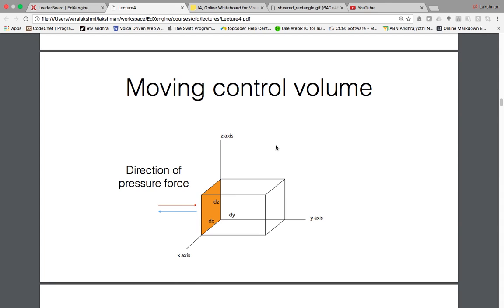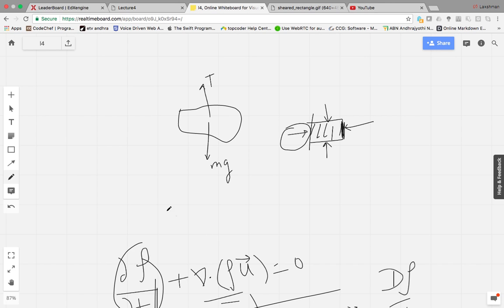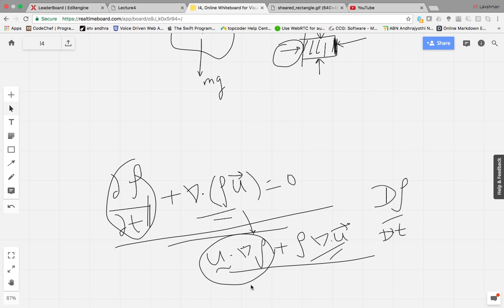By applying some basic vector calculus, you will get both of them. For example, this is a conservative form, and once we expanded this out, we got the substantial derivative, and the resulting equation will be a non-conservative form.